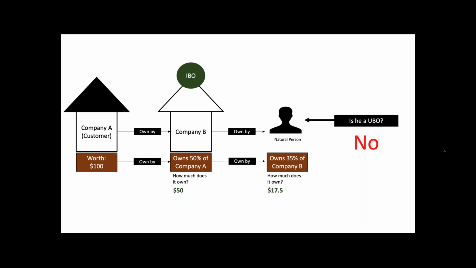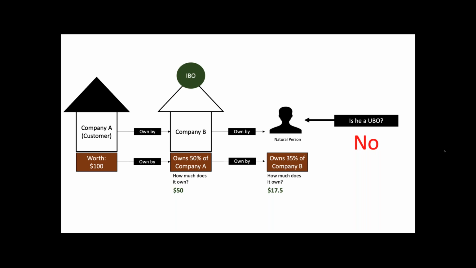Remember, that $50 is coming from company A. That $50 is sitting with company B. Now, it literally means that I control company A indirectly because I own 17.5. So as long as I'm owning $17.5 out of the $100 that is sitting with company A, I don't have $25. But before you call me a UBO, I must own $25 or more. But in this instance, I only own $17.5. So I am not a UBO. Does that make any sense?